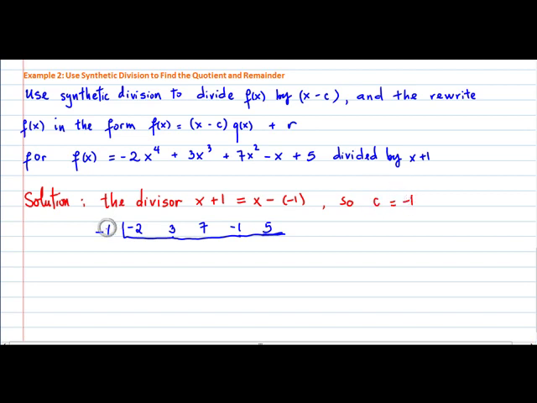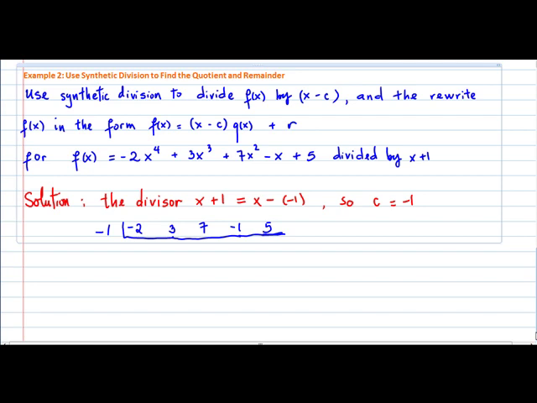Okay, so we put a minus 1, which is c, here, and then inside here we copy down the coefficients of the function f, which is minus 2, 3, 7, minus 1, and 5. Don't forget, minus x means minus 1 times x. We have an invisible 1 here, so I got minus 1 there. Then we'll be using synthetic division to divide our polynomial.